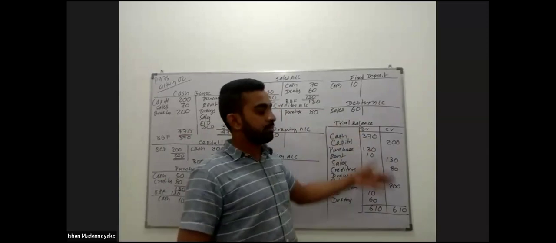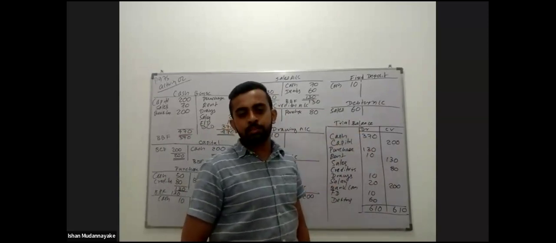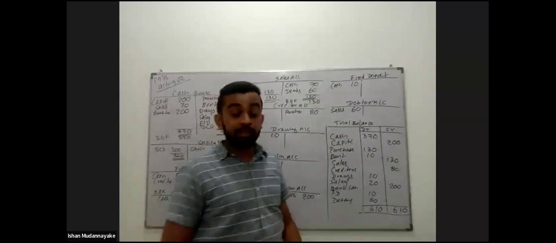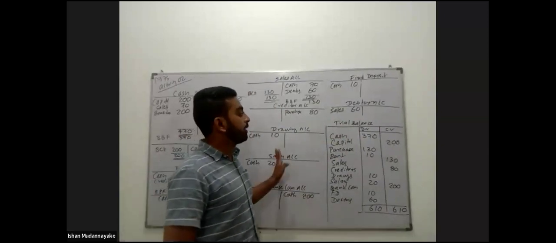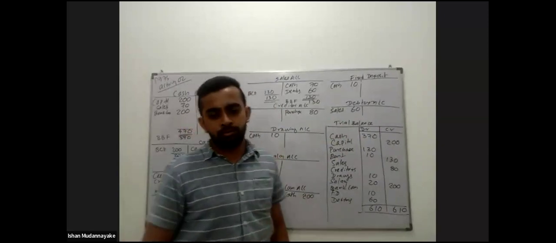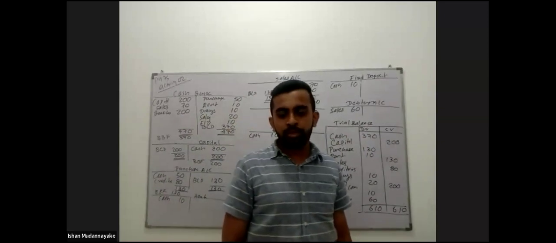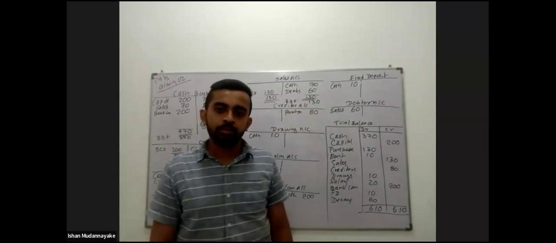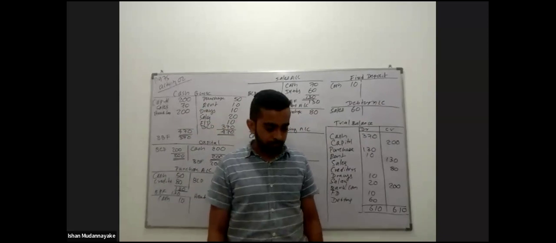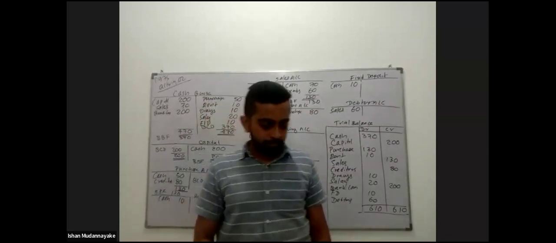It is a list. In that list, we have included all the debit and credit balances of ledger accounts. Simple thing. No need to cram anything. Try to get the idea.